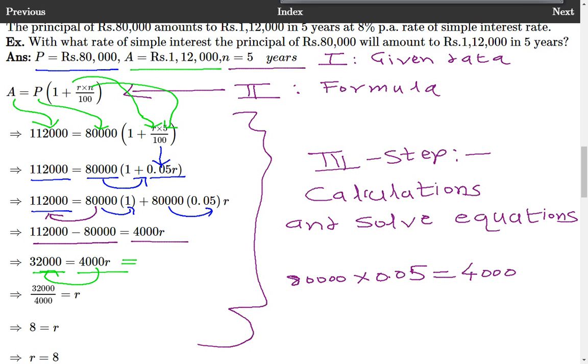There is nothing between 4,000 and R, means there is multiplication, and if you shift 4,000 to the left hand side, multiplication will become division, or we can say we are dividing both sides by 4,000. So 32,000 upon 4,000 equals R, and that gives the value of R equals 8. So the final answer is R is equal to 8. This completes the example.